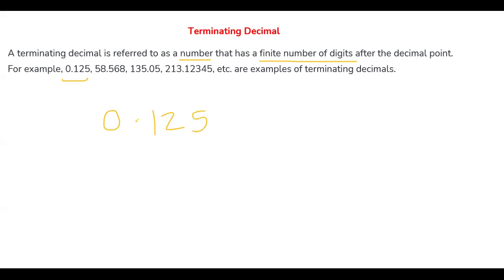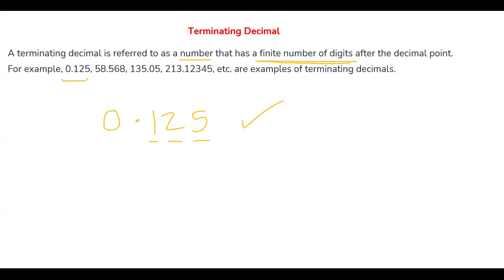Here after the decimal we have 3 digits, 1, 2 and 5. That is, there are a finite number of digits after the decimal point. So we will say this is a terminating decimal number.